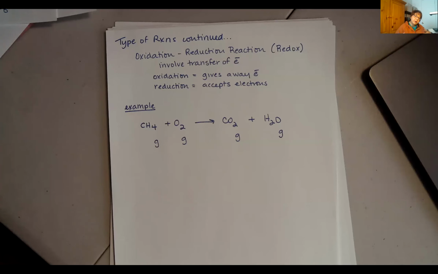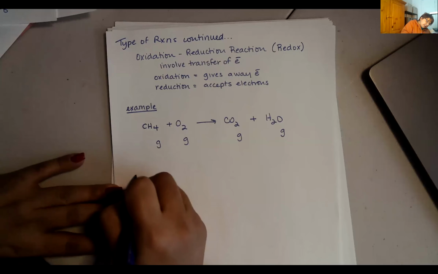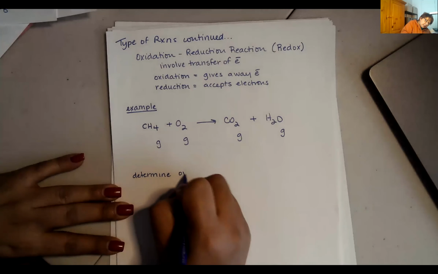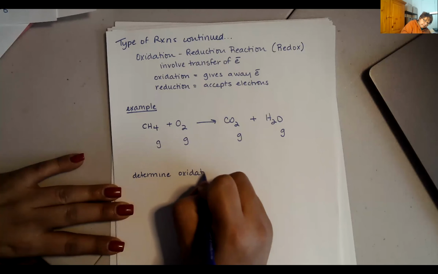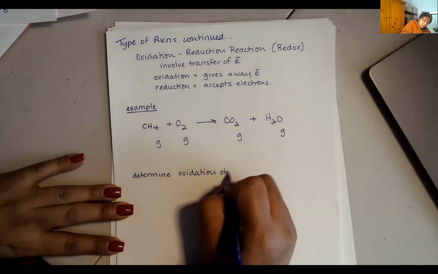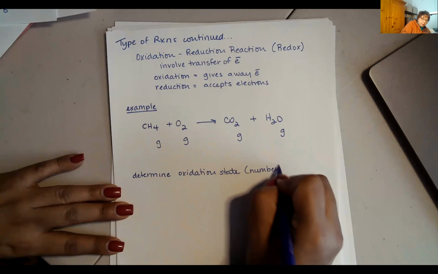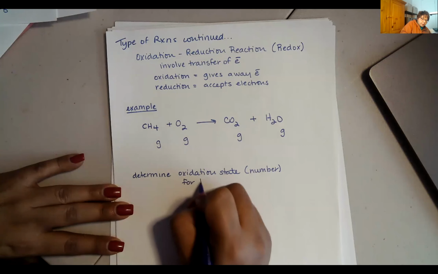But let me show you how you can use your chart to figure out that this is an oxidation reduction reaction. We're going to have to determine what are called the oxidation states, or sometimes it's called the oxidation number, for the nonmetals.